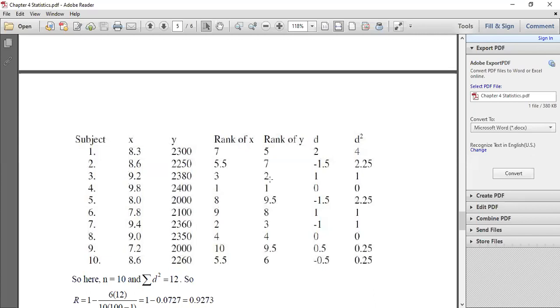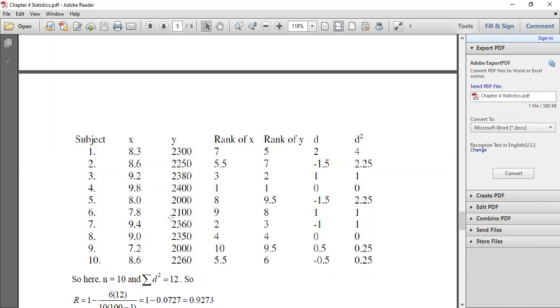Rank number 2 for Y is 2380. Rank number 3, 2360. Rank number 4, 2350. Rank number 5, 2300. Rank number 6, 2260. Then rank number 7, 2250.